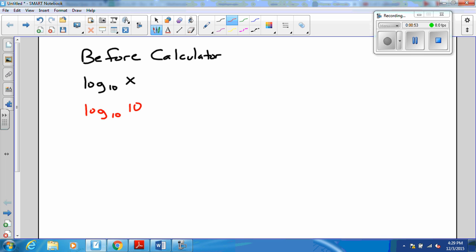So for example, the log base 10 of 10 to the third would be 3. The log base 10 of 0.01 would be the same as the log base 10 of 10 to the minus 2, or minus 2. And people working in the BC, or before calculator, era would develop some tricks.